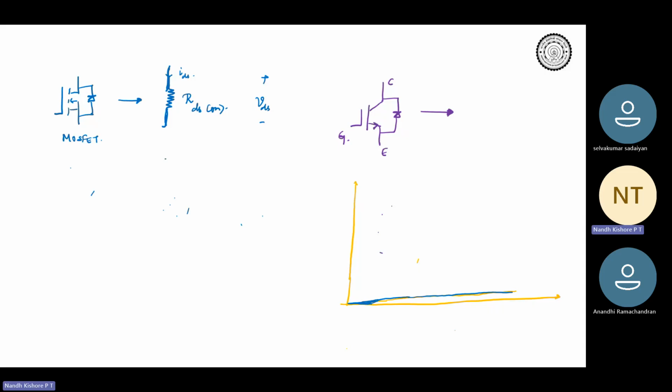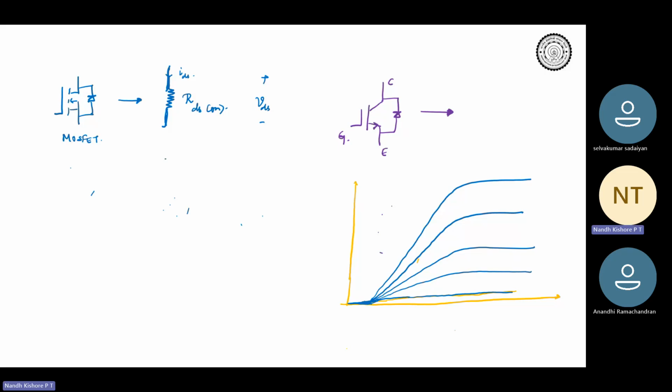And then what you would see is you will see something like this, and then you will see something like this. It's very similar to a MOSFET, but there is a very small difference.